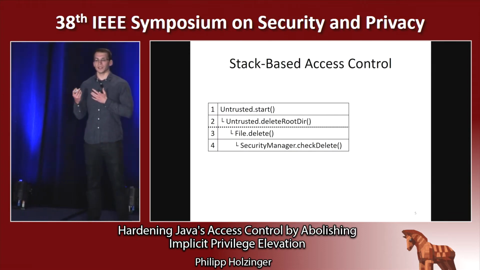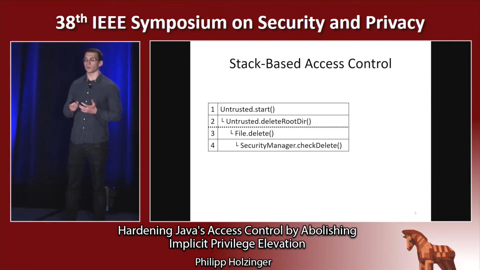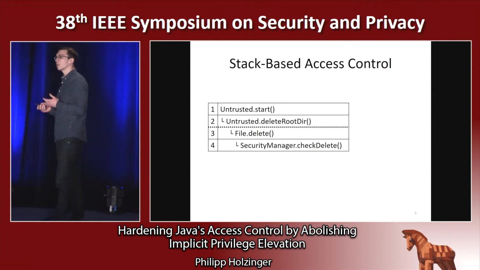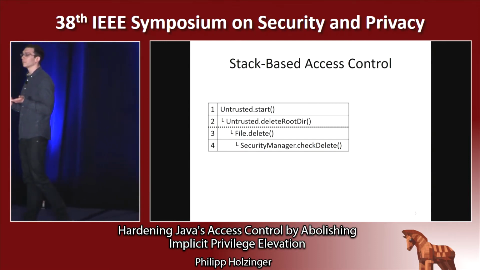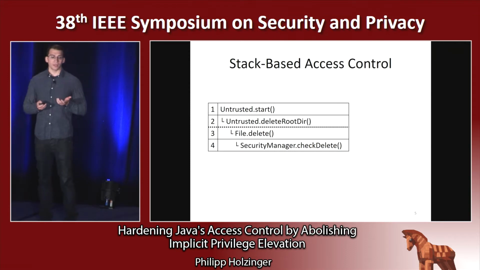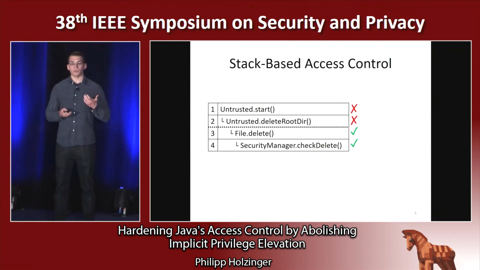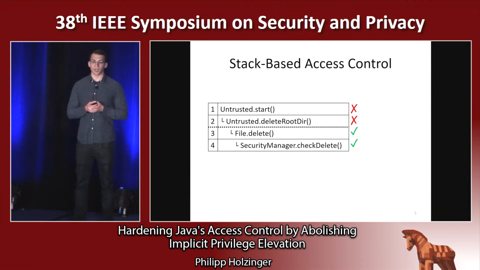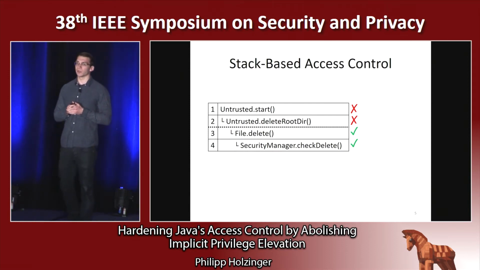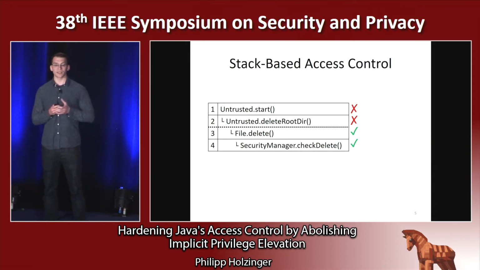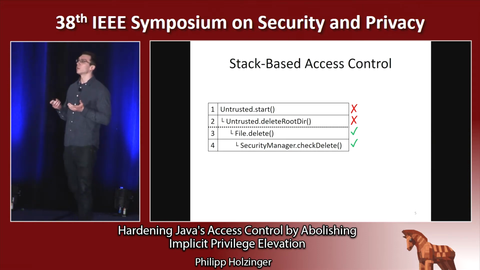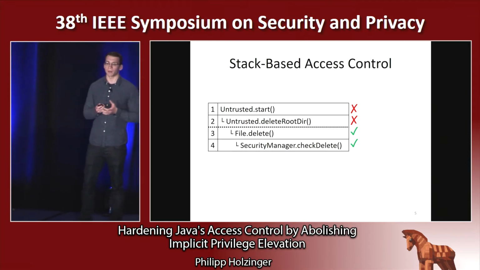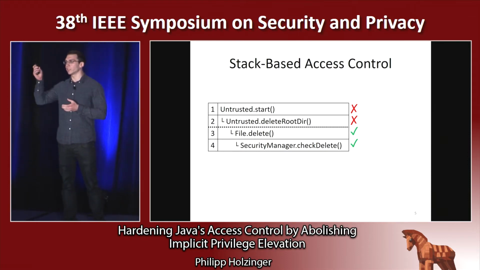What we see here is a simple example of a short call stack of an application that attempts to delete a file. The first thing we do is we assign permissions to our code. As we can see here, classes that belong to the Java class library, like File and SecurityManager, are always assigned all privileges automatically, which is here indicated by the green checkmark sign.